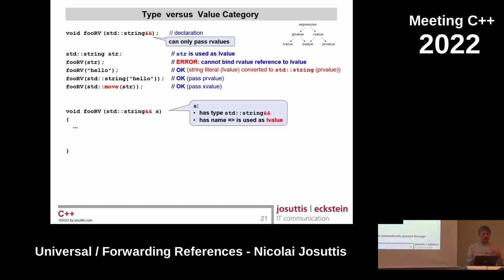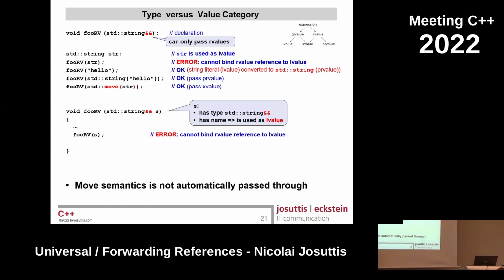Yes, it is an object with a name. It's an L value. So the rules of L values apply. And that's funny. That means the function you cannot call yourself. That will not compile. Because you cannot bind an R value reference to an L value when there is no hidden operation converting it to something else. So you have to use move again.